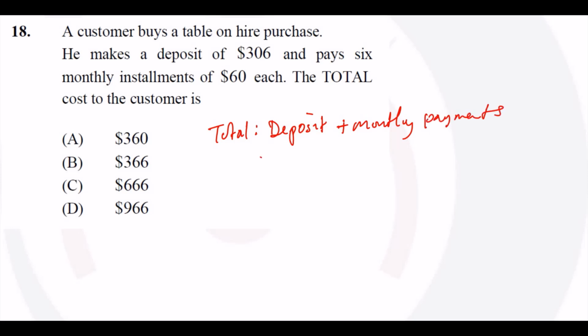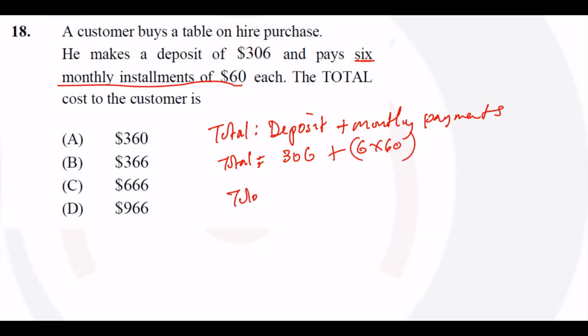So the deposit would be $306 plus the monthly payment, which is 6 monthly installments of 60. So that's 6 times 60, which is 360.